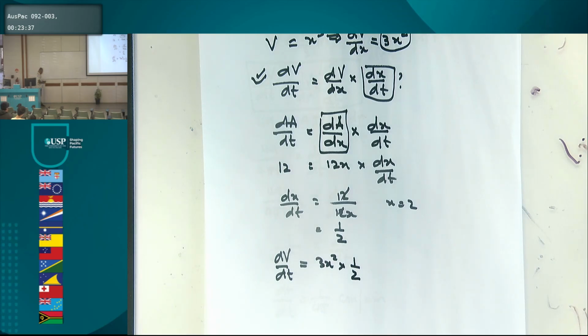What is that equal to? x is 2. What is it equal to? 6. Again, if you want to put in the unit, I think it's centimeters cubed per second.